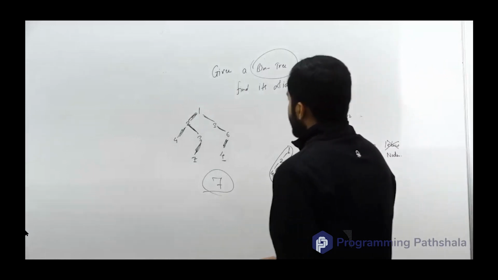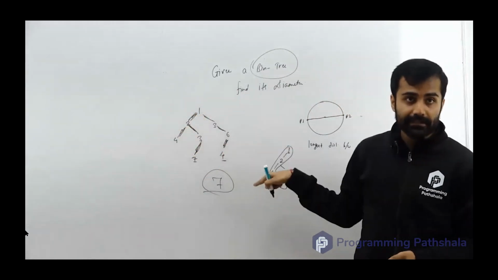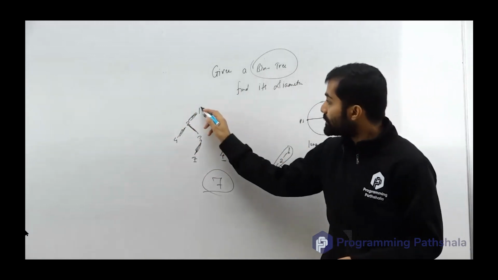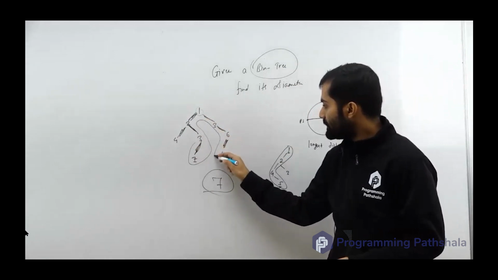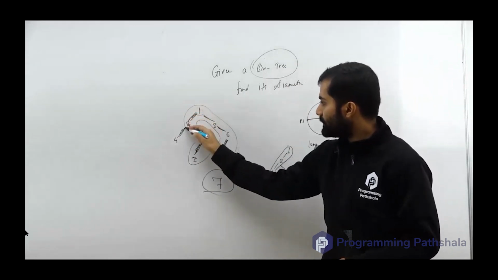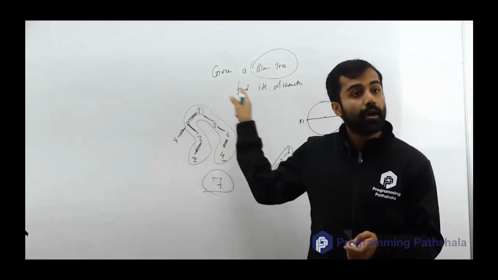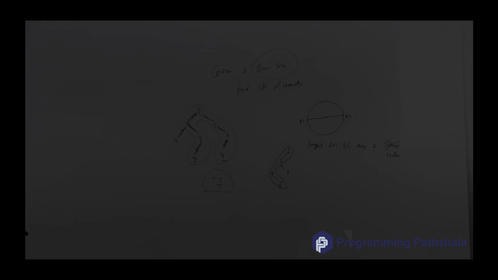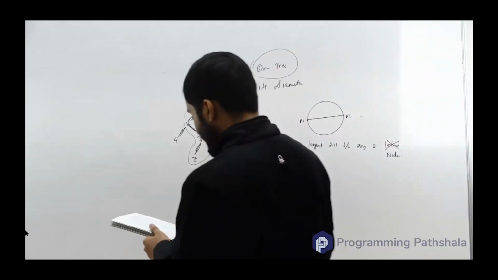Certain people also say that the diameter of a tree, which is the longest path, will always pass through the root. Like in this case, this is the path which gives your diameter, and it is passing through the root. So sometimes people say it will always pass through the root. Is it correct? The answer is, again, it is not correct. So we can have a quick example.